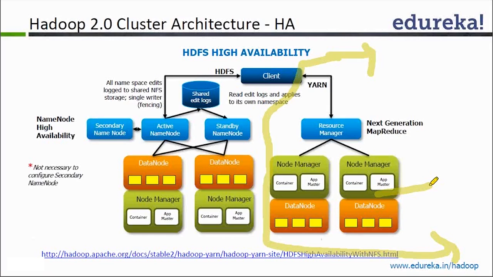Once those resources are allocated and the task is scheduled to run, it goes back to the node manager and asks it to execute that job on the data lying inside the Hadoop cluster. That's the way the resource manager and the application master work. So now the life cycle of the application is managed by the application master.